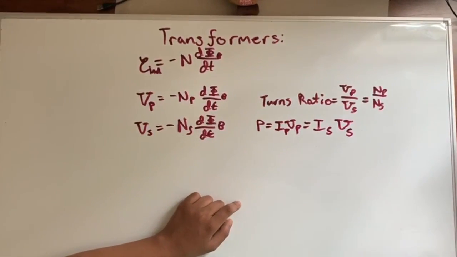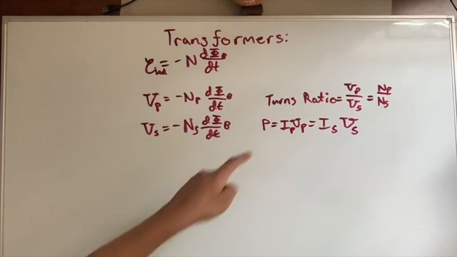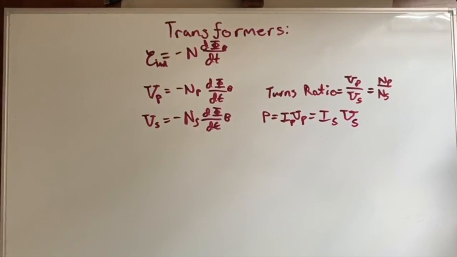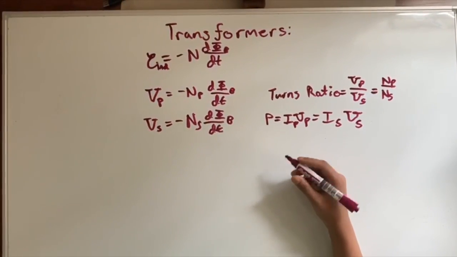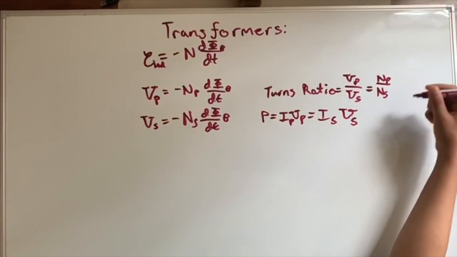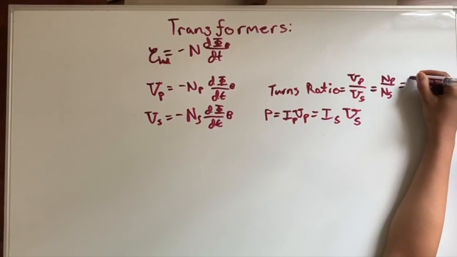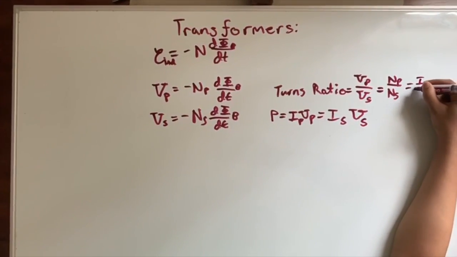And because the power is conserved, and I is current, we can relate this to current. We could say that this is actually equal to I sub S over I sub P.